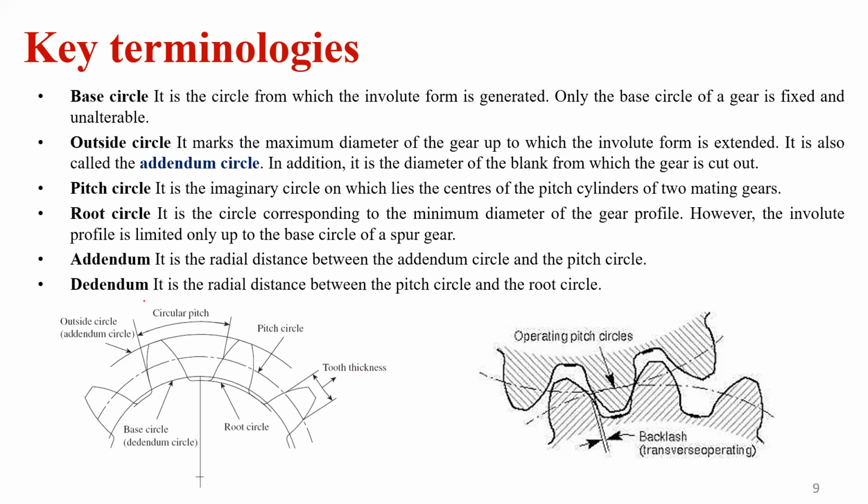As the load is transferred, pressure is generated at the interface of the two gear teeth. So we need to take care while manufacturing the gear tooth profiles, and in that sense we need to understand the key terminologies.